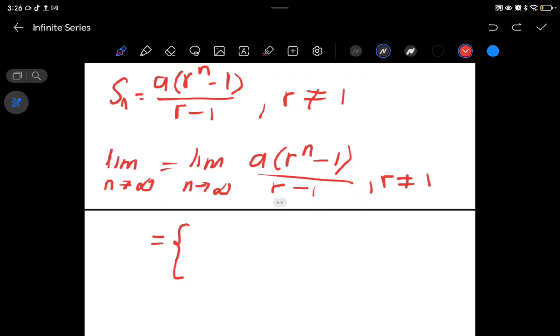So this would be negative a over r minus 1, and factoring out the negative we get a over 1 minus r. You agree, right? If r is less than 1, this one will be bigger, and then this will take us to a negative answer. Because this one will always be 0 point something, even if this is even, this would be 0 point something.